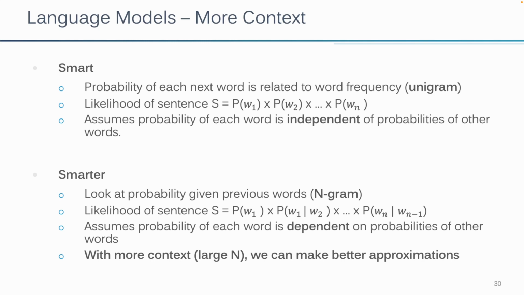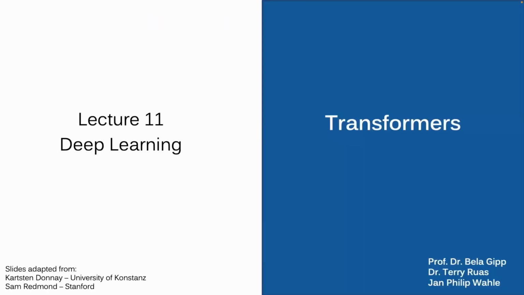If you can look at a context of only the previous word, that is not very useful usually, because it can be anything. If the previous word is, for example, an article like a, it could be any noun that comes after that. But if you have more context and more connections of the previous words, that's more likely to be helpful for your case.